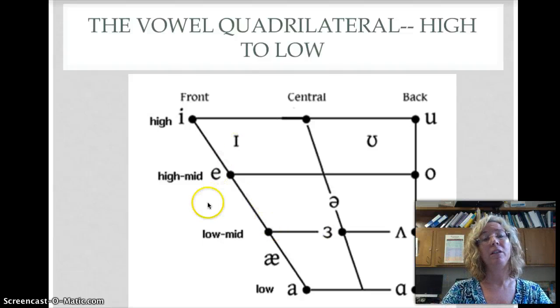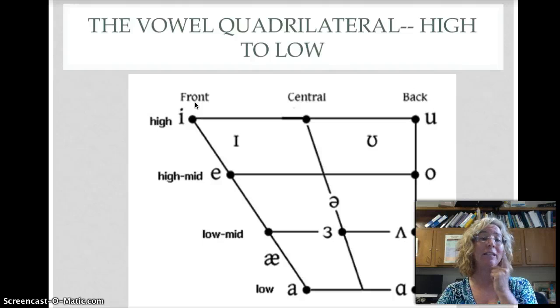So if I go from high to low with these vowels, think about where my tongue is. It'll go from the high front part of my mouth to the lower front part of my mouth. I will go E, A, ah. E, ah.